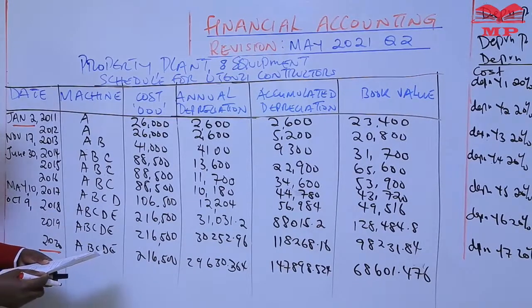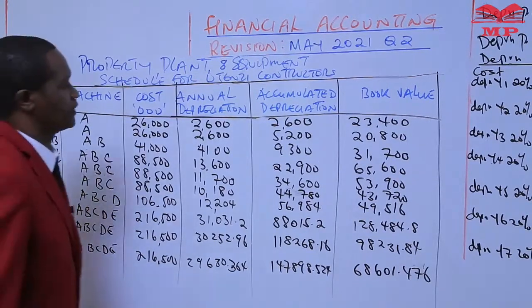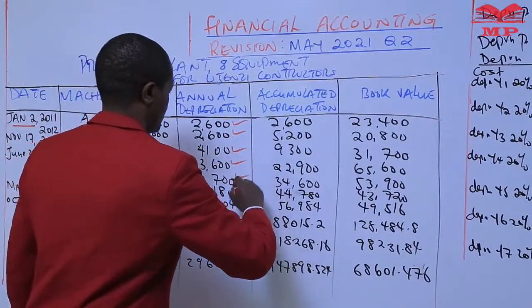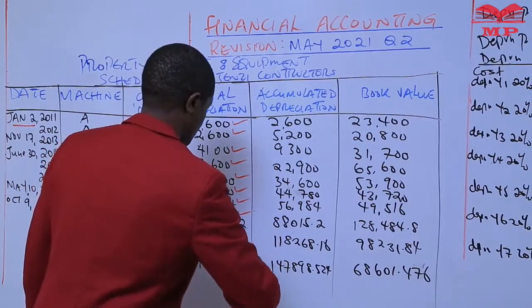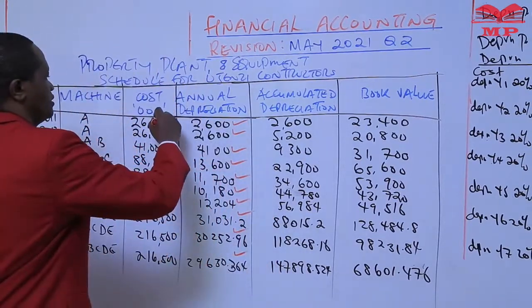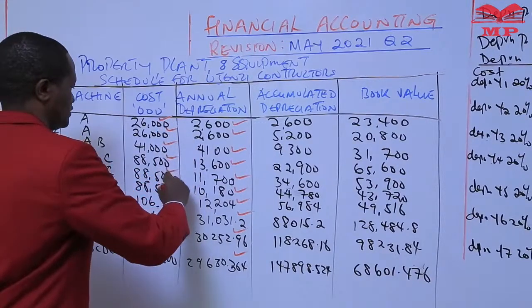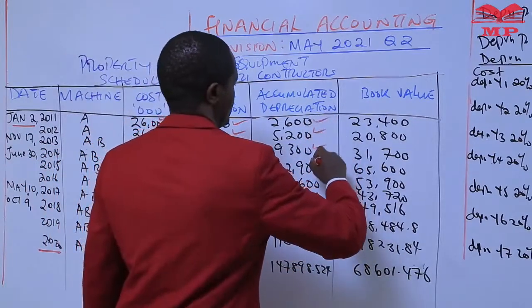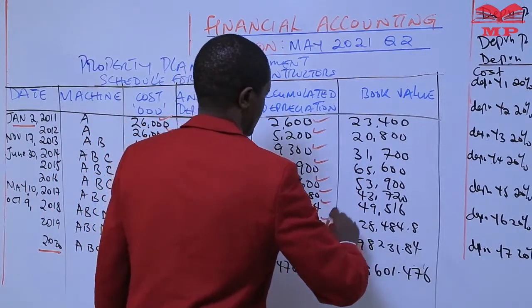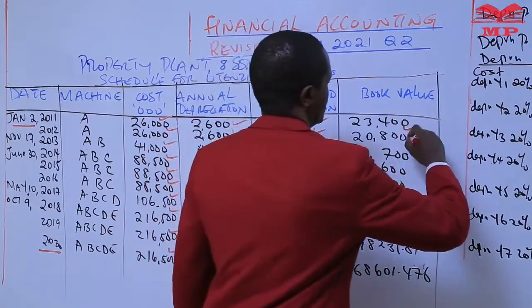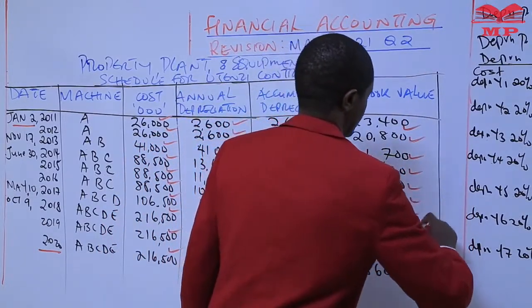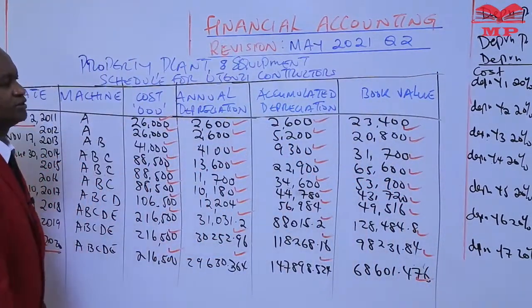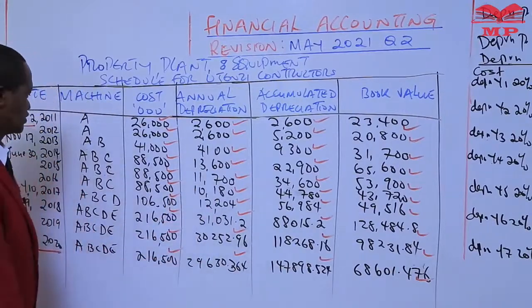How many marks? 10 marks. You can see, candidates, 1, 2, 3, 4, 5, 6, 7, 8, 9, 10, four times. 10 times 4, that is 40.